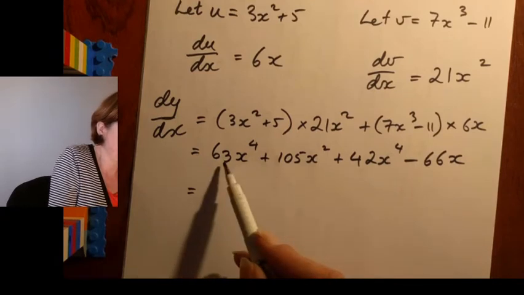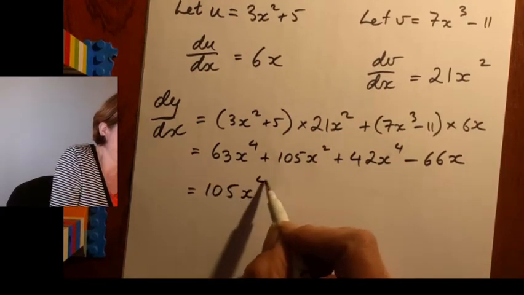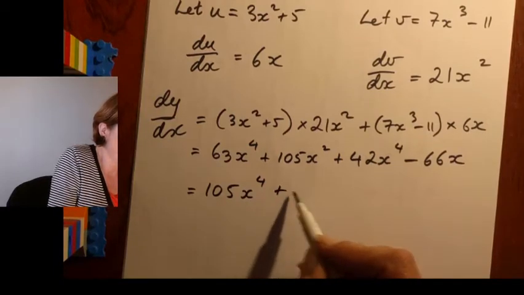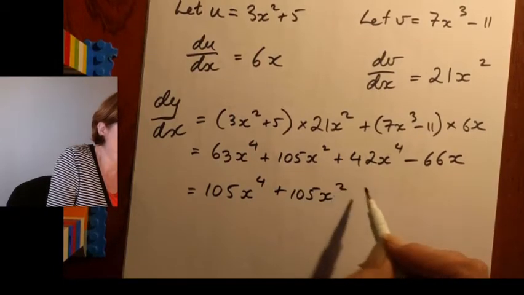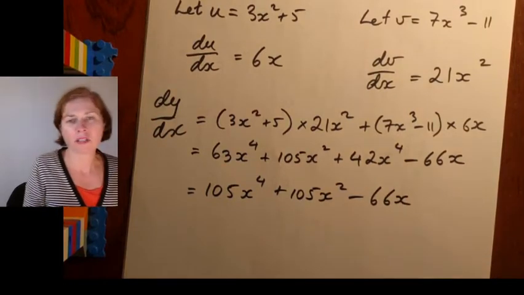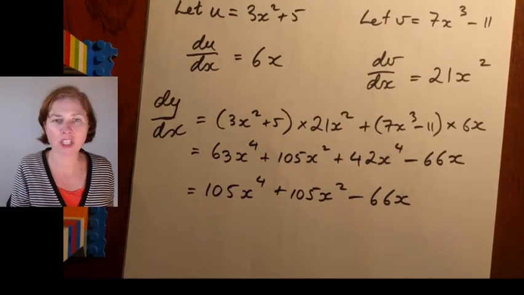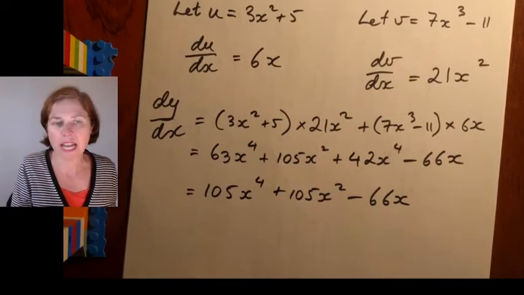Okay, 63 plus 42, that's 105x to the power of 4 plus 105x squared minus 66x. Now it looks like I could factorize that, but there's no reason to. I've expanded it as much as I can, so I'm going to leave it as it is.